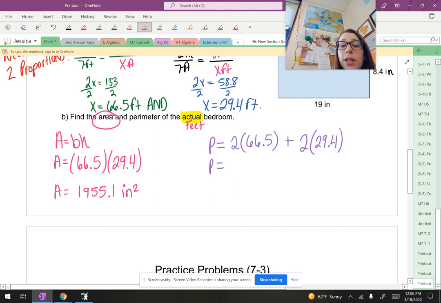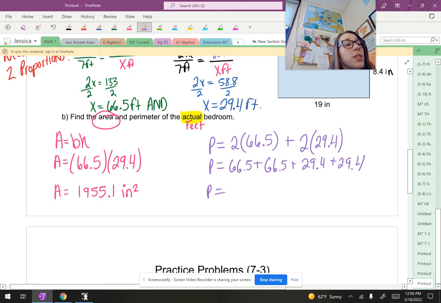You could also set this up old school, like 66.5 plus 66.5 plus 29.4 plus 29.4. Either one of those are the same thing and will get you the same answer regardless. So, mathing that all together in our calculator gives us a final perimeter of 191.8 inches.